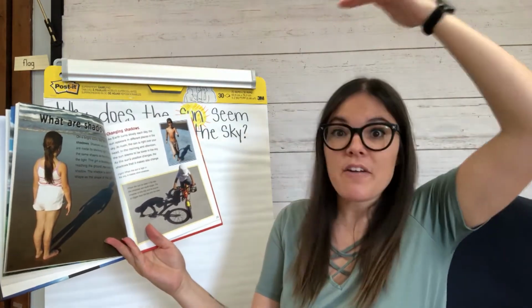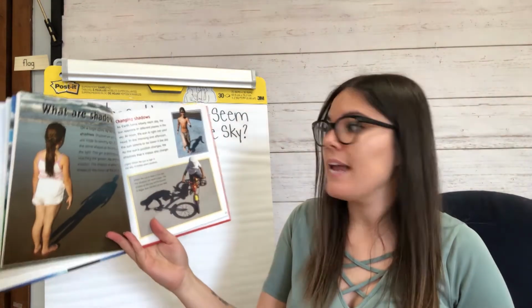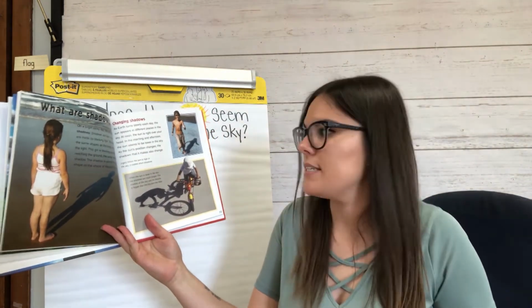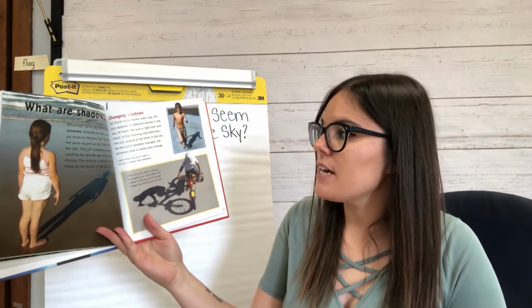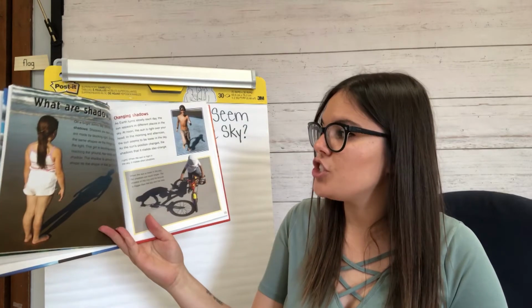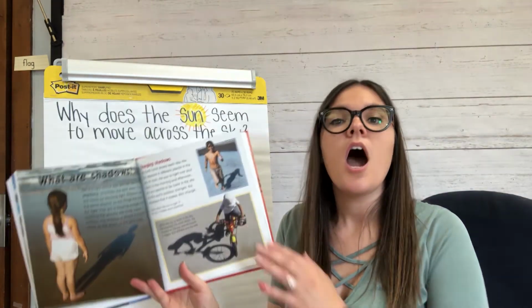It's like at the very tippity top of the sky. In the morning and afternoon, the sun seems to be lower in the sky. As the sun's position changes, the shadow that it makes also changes.